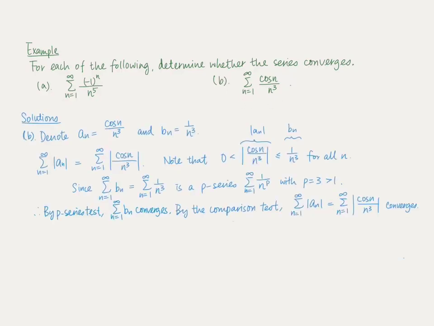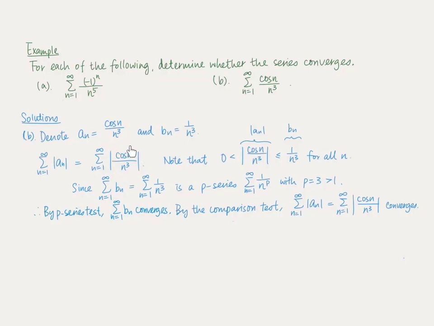Let us denote an to be cosine n over n cubed, and we denote bn to be 1 over n cubed. Instead of referring to this original series, let us consider a new series which is formed by taking the absolute value for all the terms an. That is the series which is formed with terms absolute value of cosine n over n cubed.